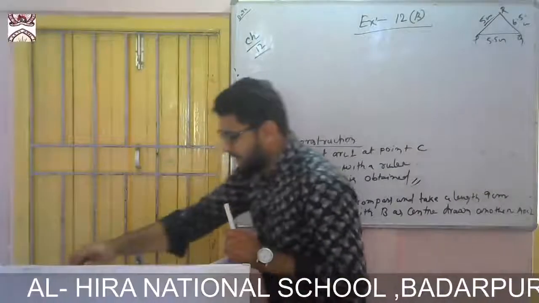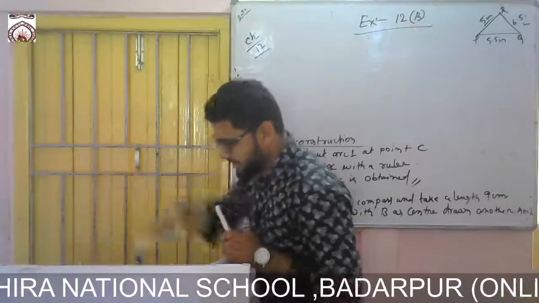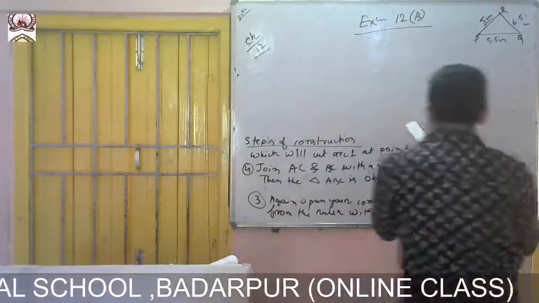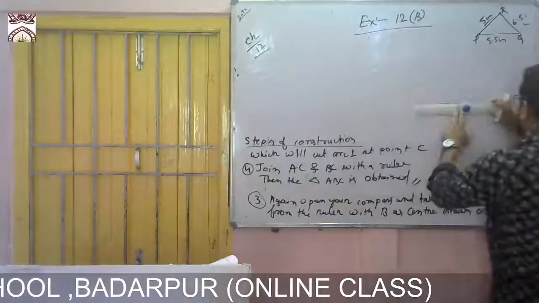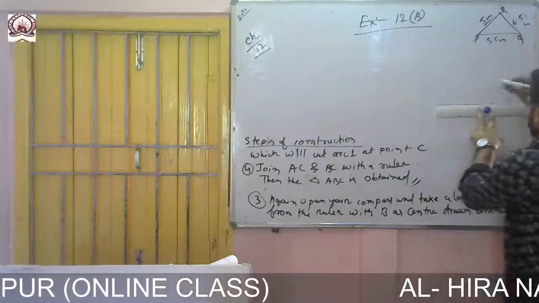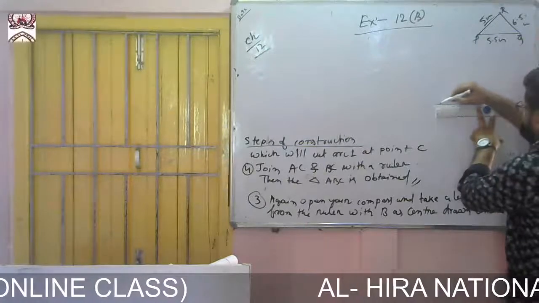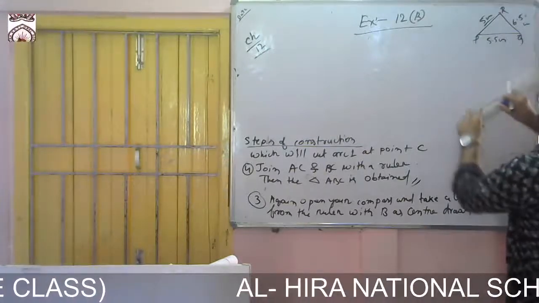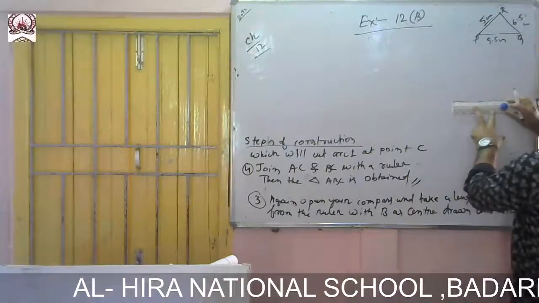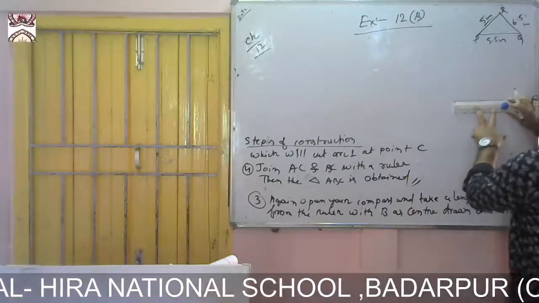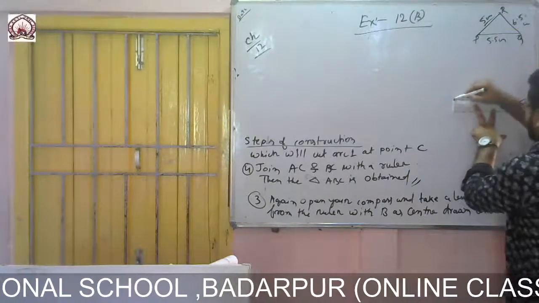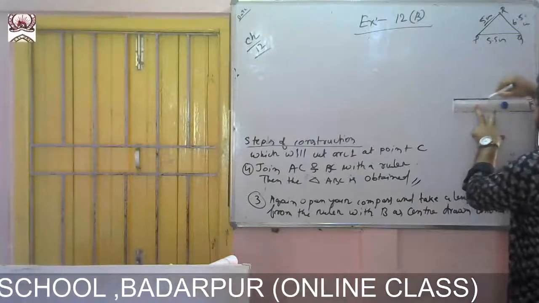See, first you take a length of 5.5 centimeter with your ruler. Five, then 0.5.